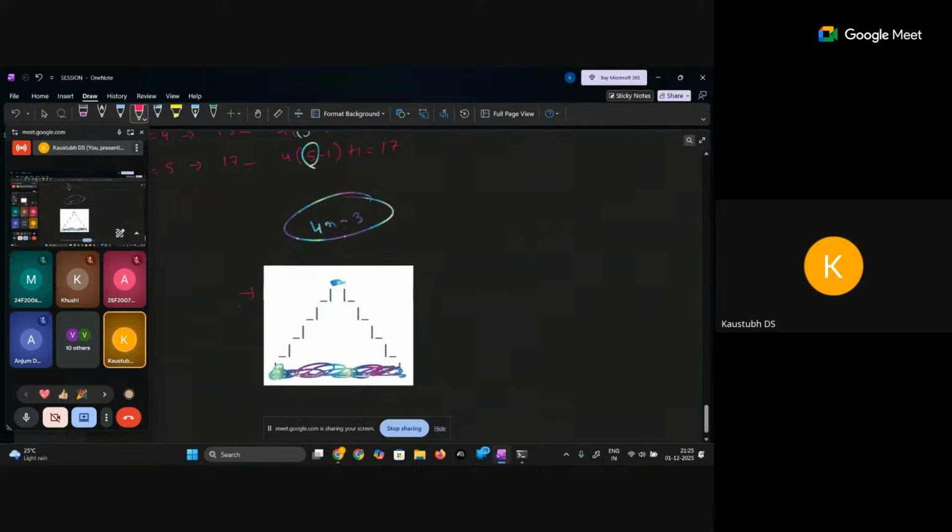Ignoring these two, every line right here can be broken down into 4 parts. The spaces, right? We have some spaces here, some spaces here, some spaces here. So we have the initial spaces, then we have underscore pipe, then we have mid spaces, and then we have pipe underscore, right?